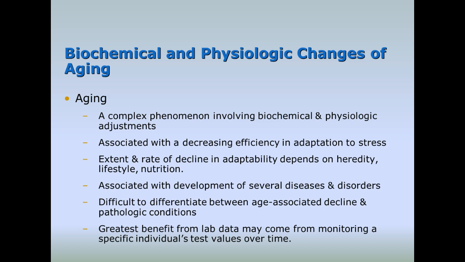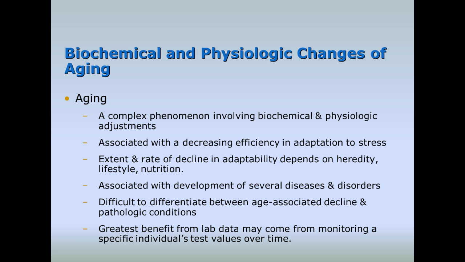But if you go when you're in your 60s and you try and do that same Zumba class, your body's going to have a harder time adapting to that stress. You're going to be sore longer. The extent and rate of decline in adaptability depends on your hereditary lifestyle and nutrition. So maybe you are 65 and you're able to handle that Zumba class just as well as the 25. Bless your heart, you've been doing it your entire life. You've got great genes behind you and you've been eating fantastically, not eating all those free radical foods.